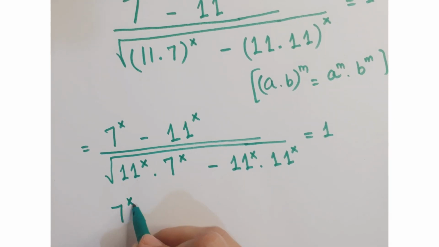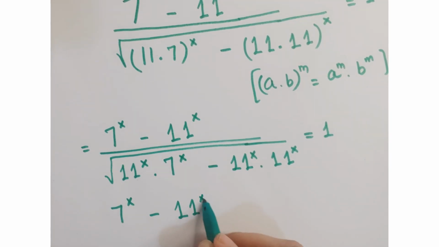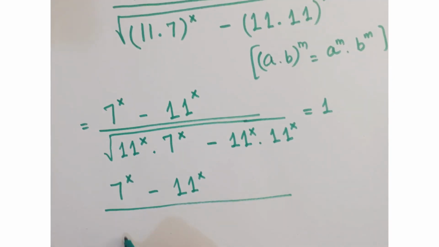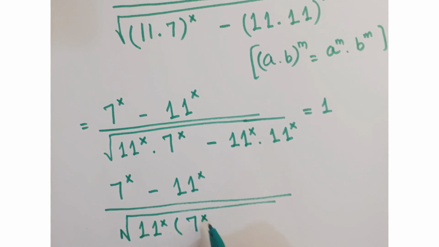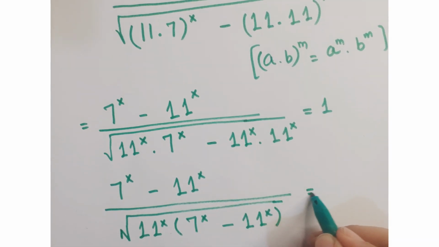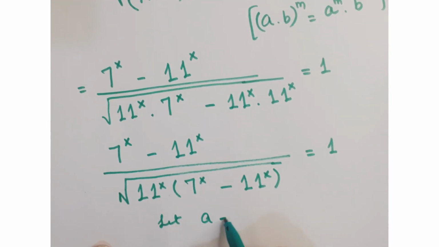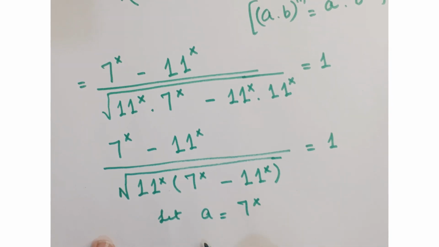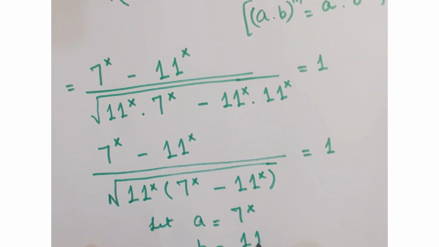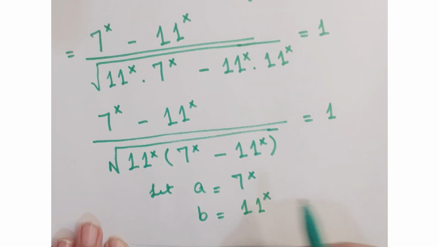Now we have 7^x − 11^x upon, in the denominator, just take out 11^x common. So you have √(11^x (7^x − 11^x)) = 1. Now let's assume that a = 7^x and b = 11^x.